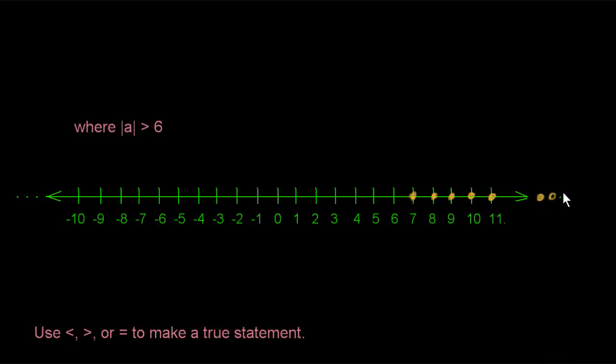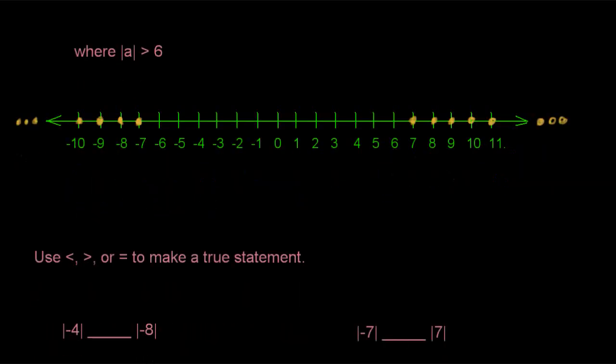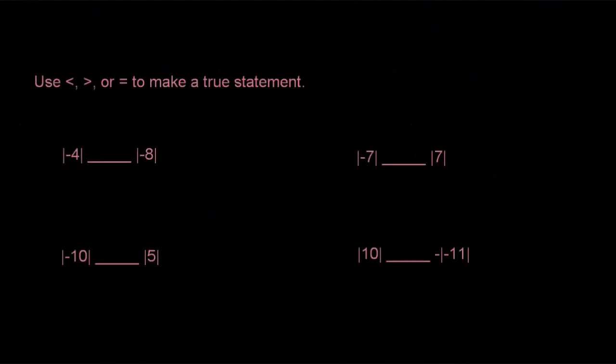And that pattern continues, so we put 3 dots out at the end there. All of those have absolute values that are greater than 6, as does -7 and -8 and -9 and -10. The absolute value of -10 is 10. That's greater than 6. And so on. So we put 3 dots out at the end of that one.